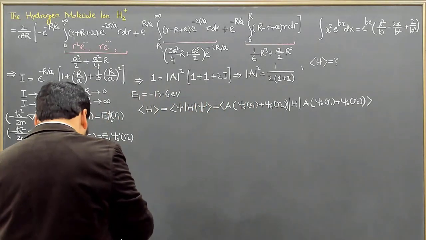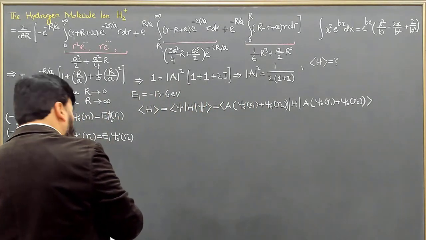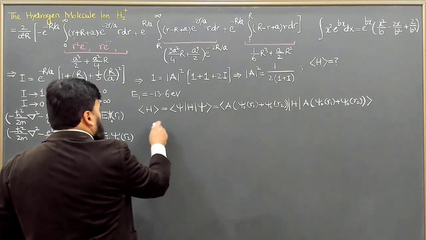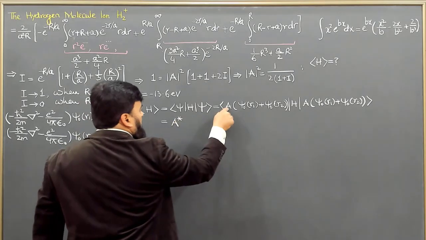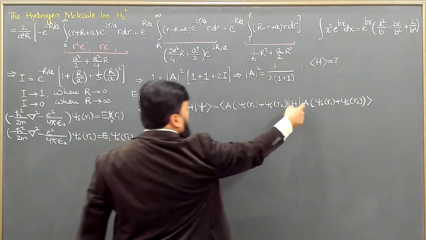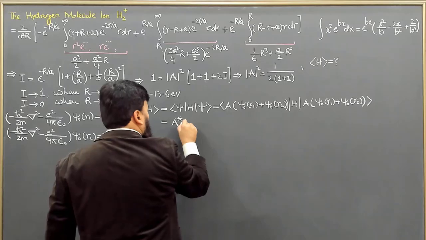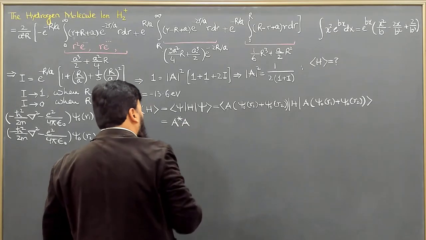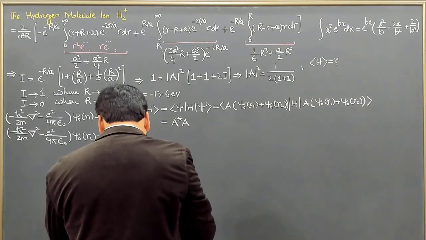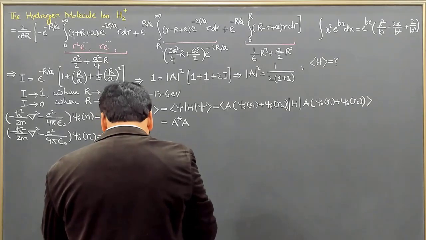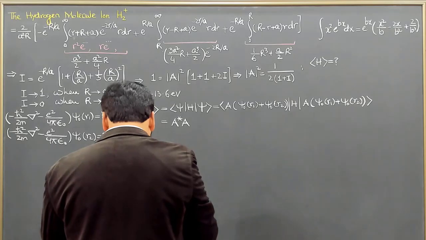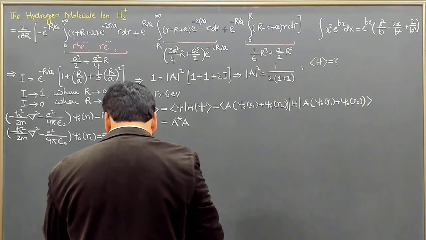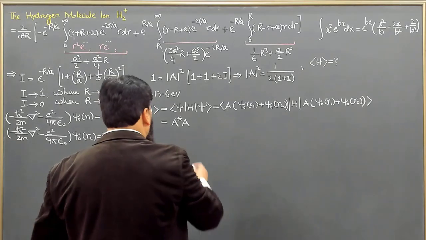This is the expectation value of H, and now take this thing out. The A conjugate will come out from here, and from here A will come out, and then we will have to write the individual terms. So let me write those terms as well.